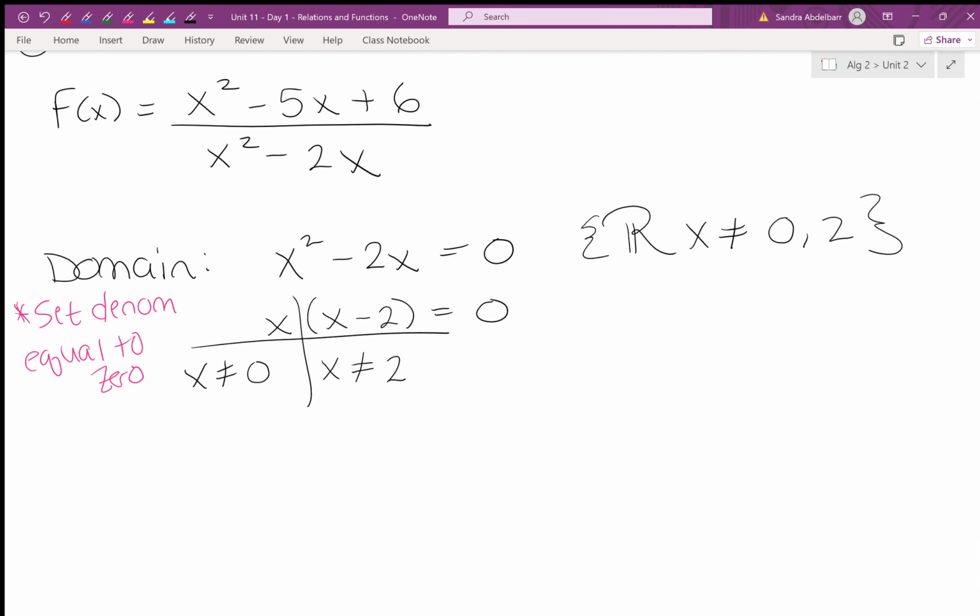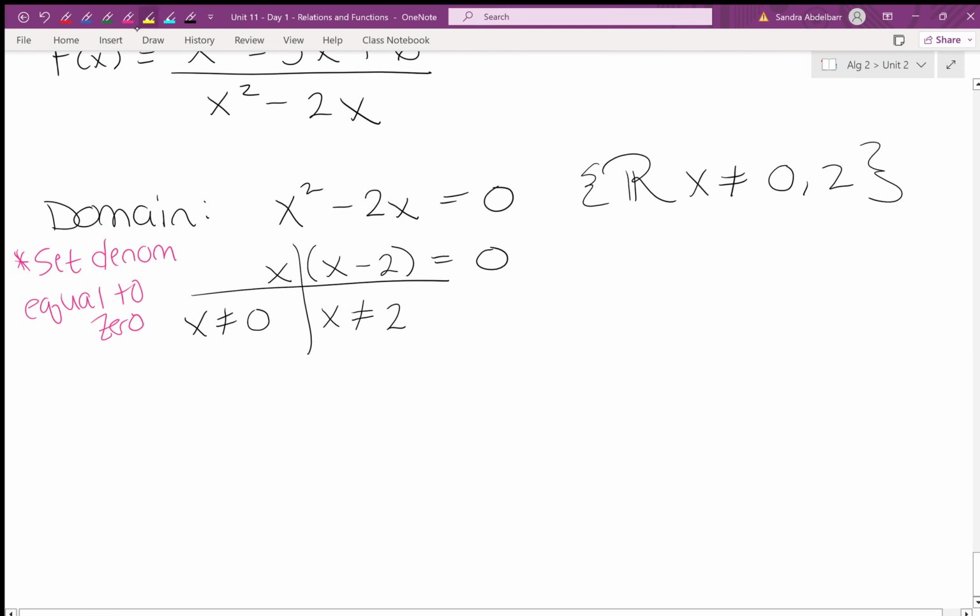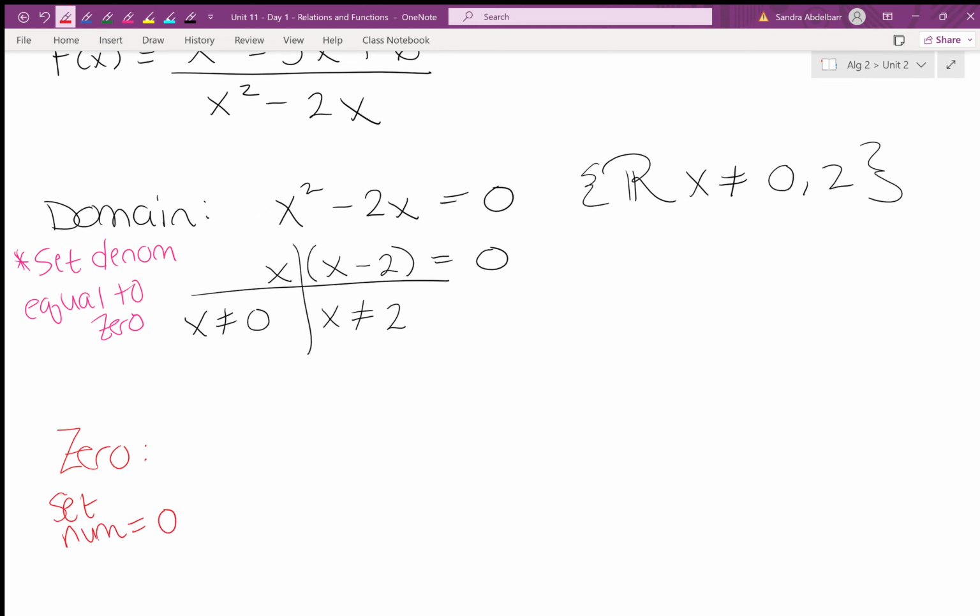All right, now we'll talk about the zeros. That was the domain, right? So now for the zeros, set numerator equal to 0.